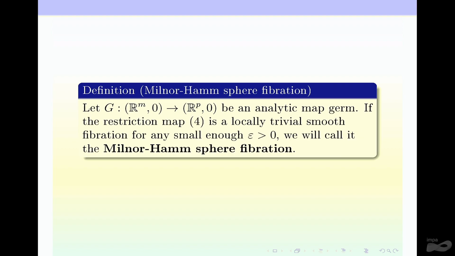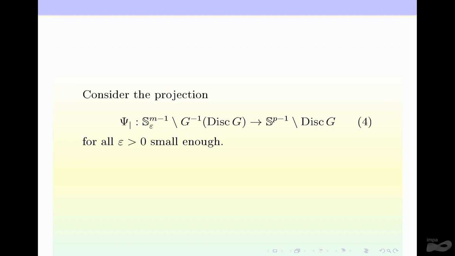What is the Milnor-Hamm sphere fibration? Let G be an analytic map germ. If the restriction is a locally trivial smooth fibration, in the ordinary sense.